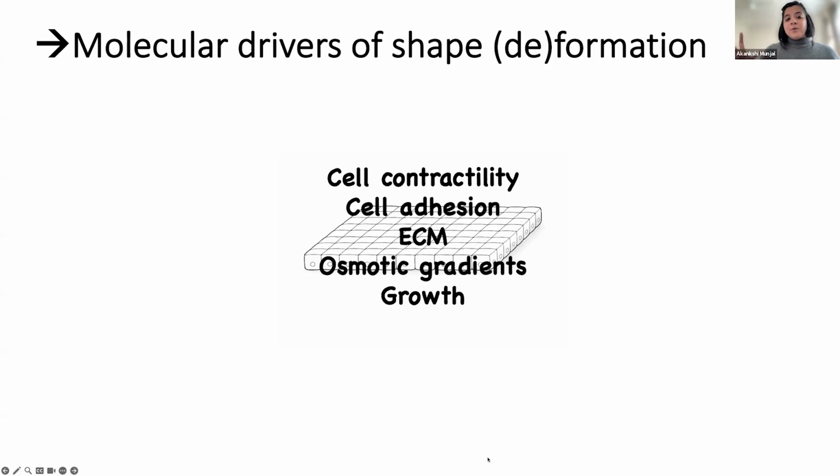And just the overall growth of the tissue can also drive morphogenesis through just cells dividing or cells growing in size. So in the next few slides, I'm going to try to summarize how these molecular drivers are deployed to generate all those shape changes that we observed.